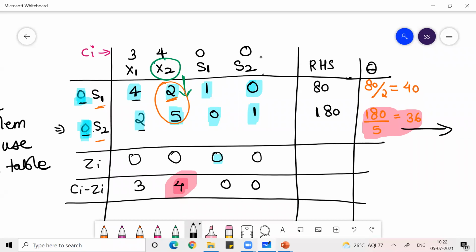Whichever has the lowest value will exit the solution. The variable having the lowest value here is S2. It means S2 is going to be replaced by X2. Clear everyone? So this shows that S2 will be replaced by X2. Done everyone?